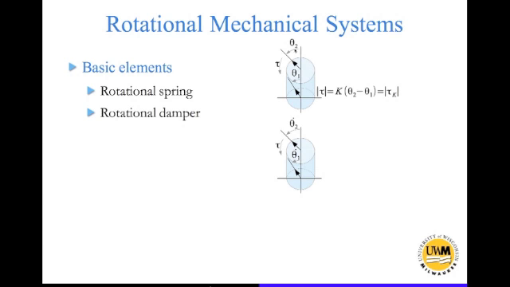Theta 2 dot is the derivative of theta 2, and similarly the bottom end here is twisting at the rate of theta 1 dot, and let's say theta 2 dot is greater than theta 1 dot. Then the magnitude of tau is given by b times (theta 2 dot minus theta 1 dot). B is called the rotational damping constant. This theta 2 dot minus theta 1 dot is the relative twisting speed of the damper.